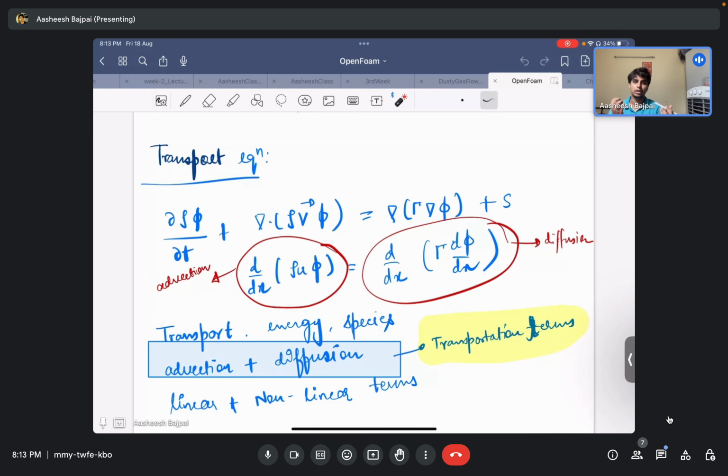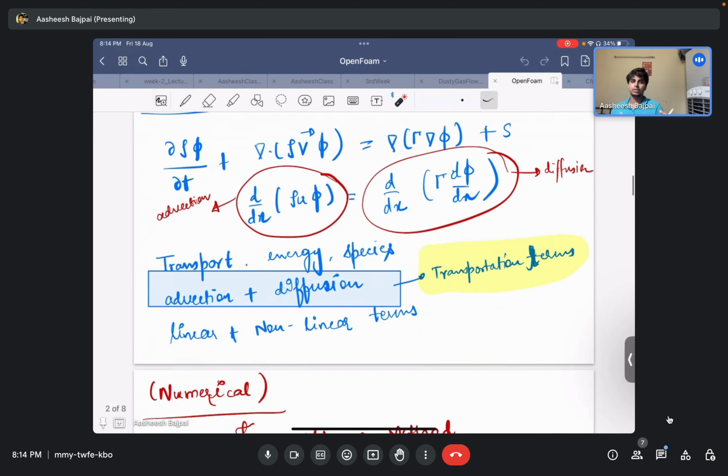This is diffusion. One more example of diffusion: if I burn something here and the smell is there all over the room, that is due to diffusion. Most phenomena are a combination of advection plus diffusion.